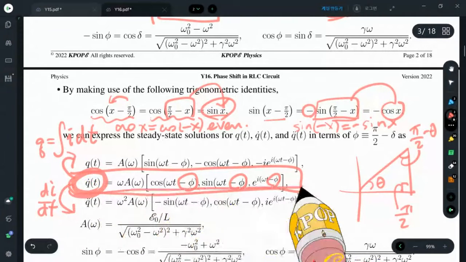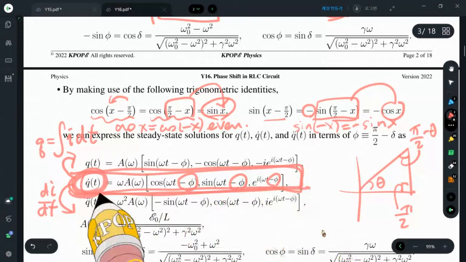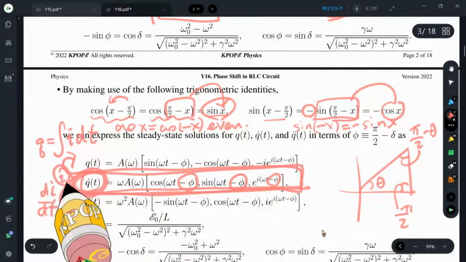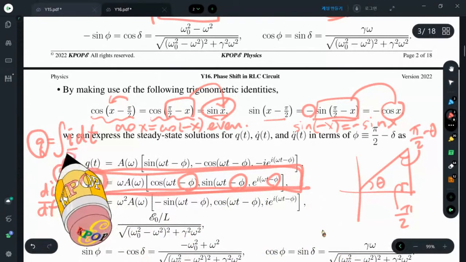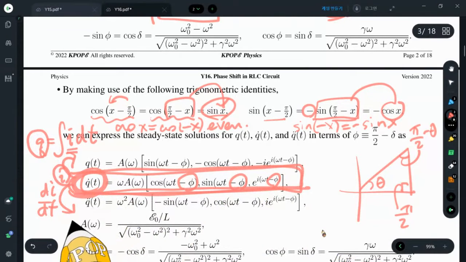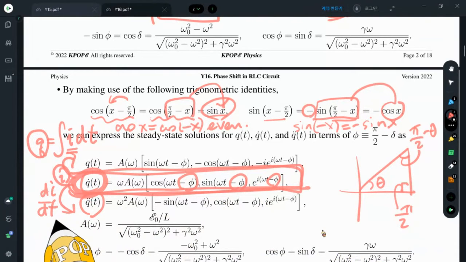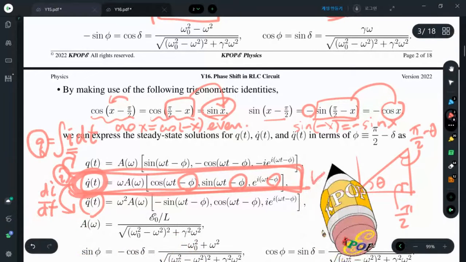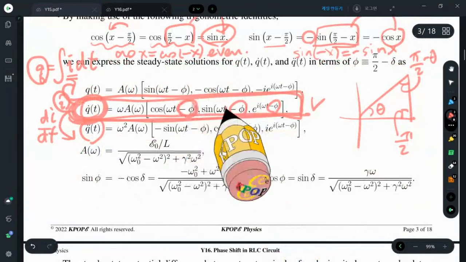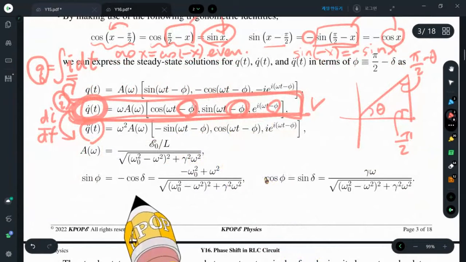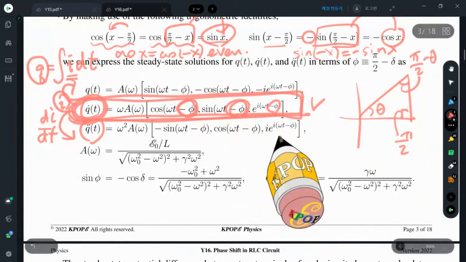So this is our reference. If you want to find the charge, what you need to do is the time integral. If you want to find the time derivative of current, then use this. So current is our reference. And the phase shift for the current is minus phi. Remember.